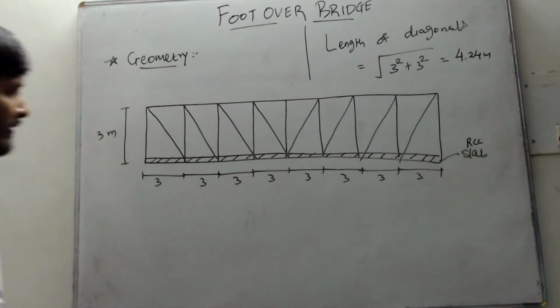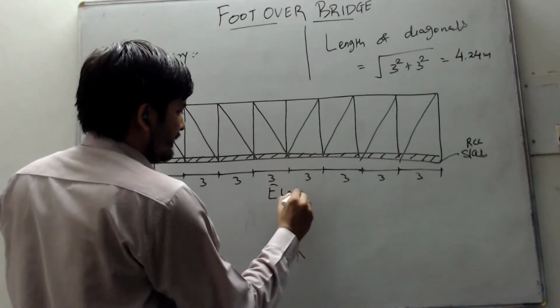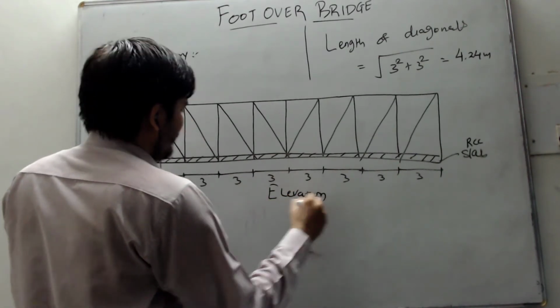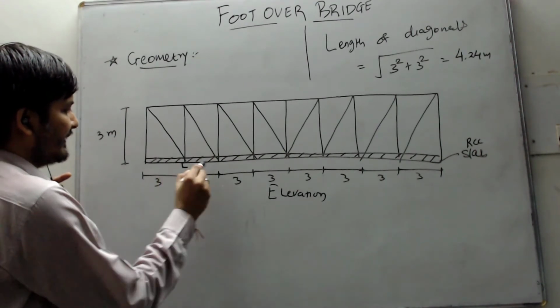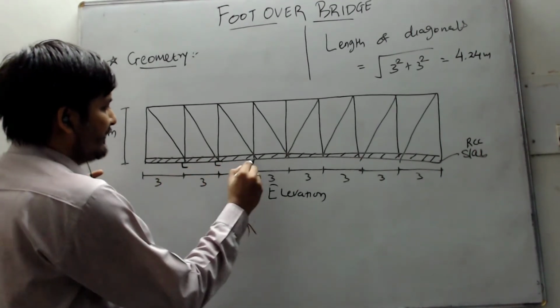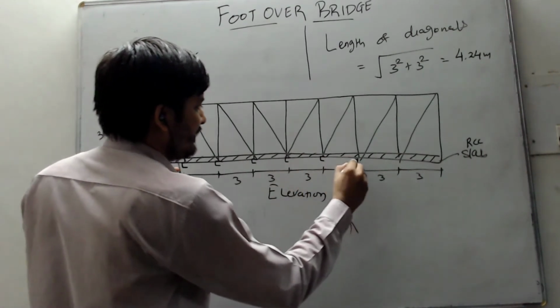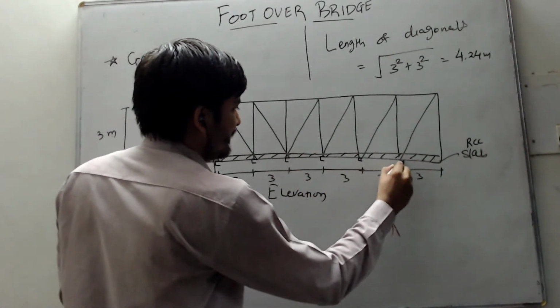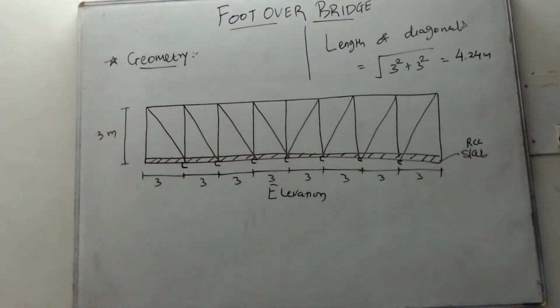So this is an elevation view. You can see in the elevation there are beams given. C sections, channel sections, are placed. You can see the C at the bottom also, including the ends.